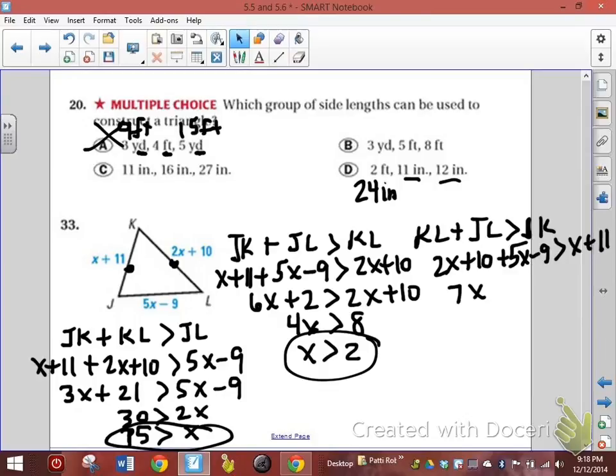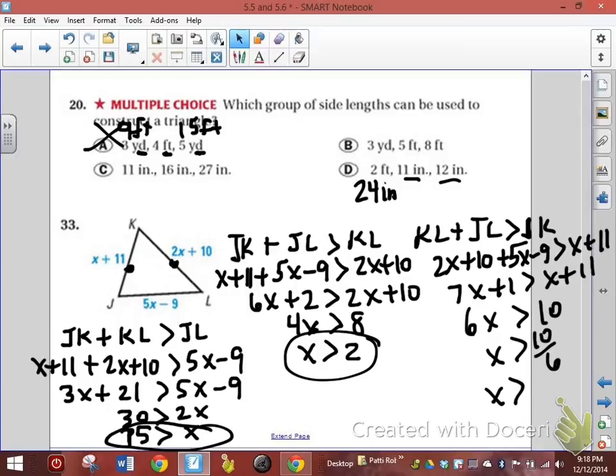Combine your like terms. Subtract your x, subtract your 1, divide by 6, and you get 10 sixths, which is 1 and 4 sixths.